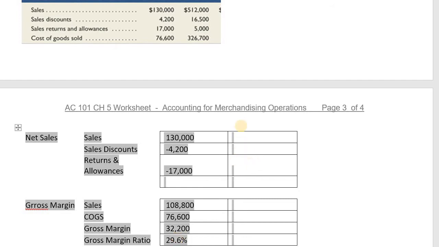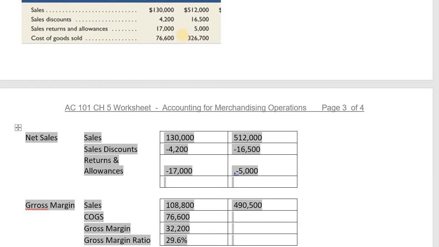Let's look at B. Sales were $512,000. Sales discounts were $16,500, so we're going to subtract them out. We're also going to subtract out your sales returns and allowances. So our net sales will be $490,500.